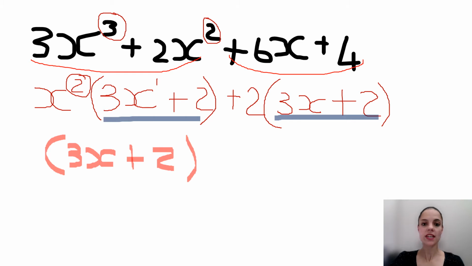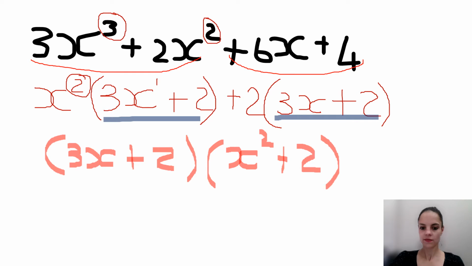And now you will see we're going to check what is left. So the x squared is left. Plus 2, because we also took out the whole bracket. And now it is completely factorized.